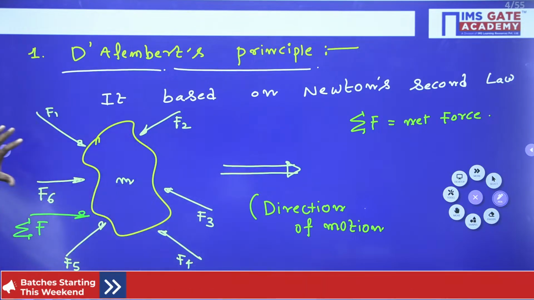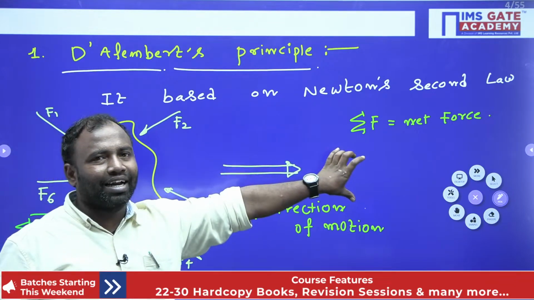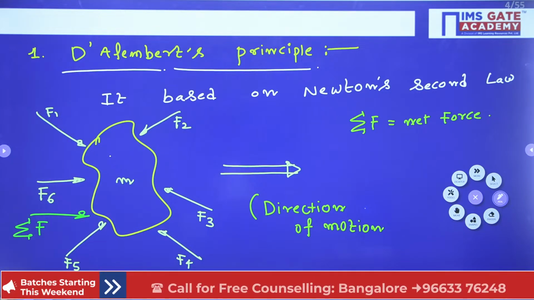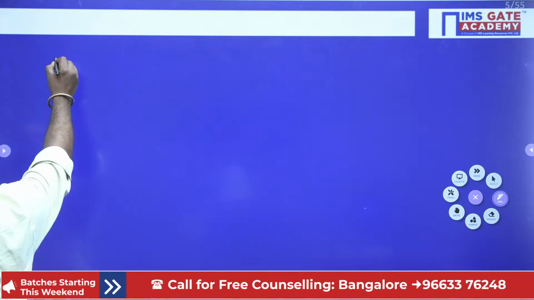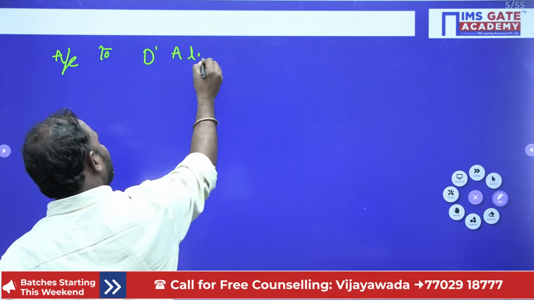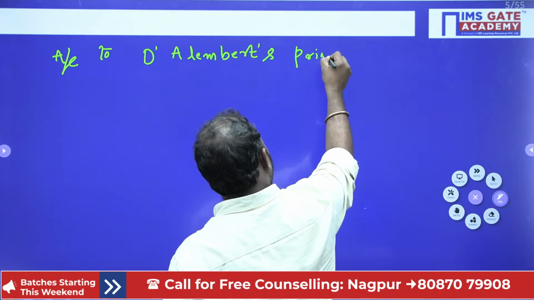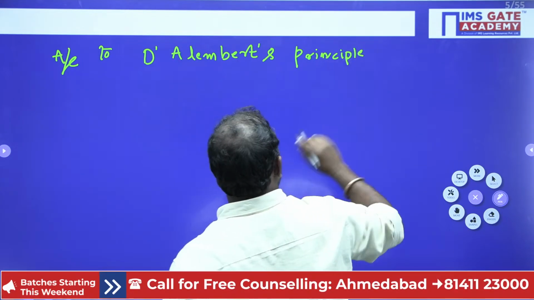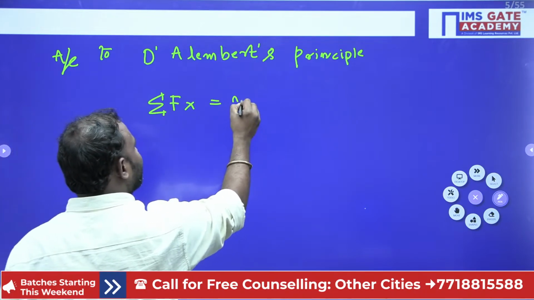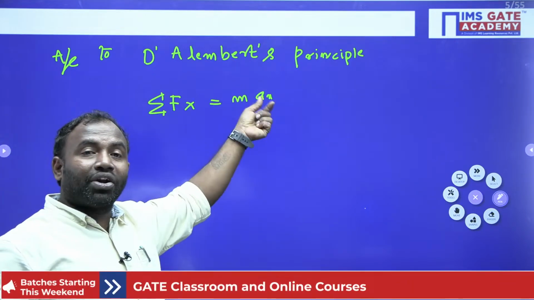Now, if I apply the net force in this direction such that this mass is going to move in this direction with a certain acceleration, say a, according to D'Alembert's principle, sigma Fx is equal to m into ax, where ax is the acceleration in the direction of x.